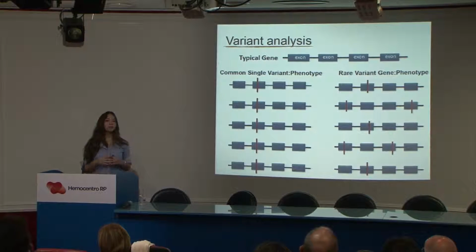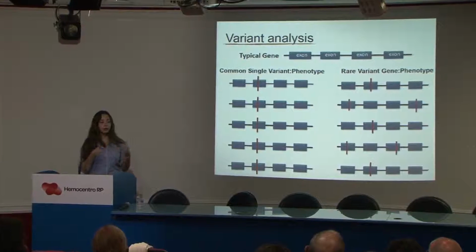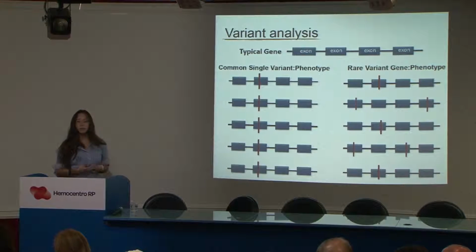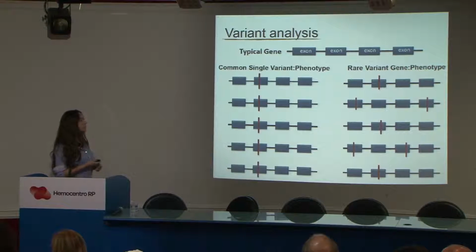To identify the variants causative for the phenotype, we actually performed 3 types of analysis. Thinking about the gene, which has exons, we can have a common single variant which can cause the phenotype in all the patients.